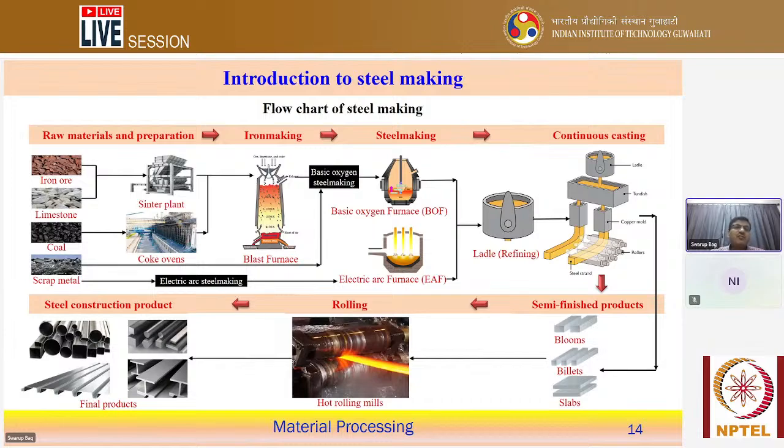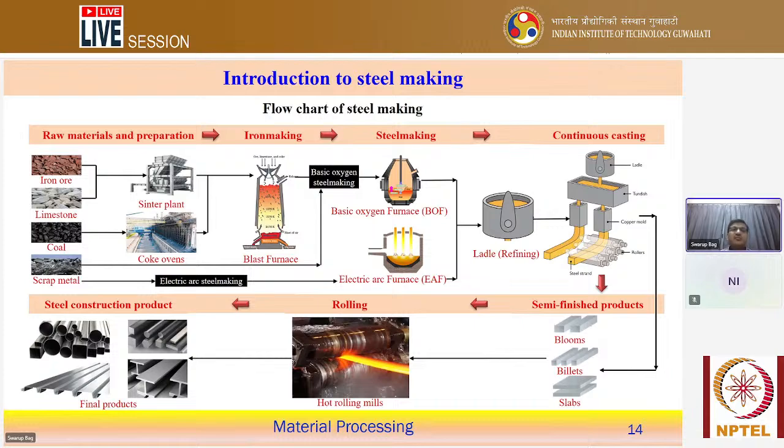In the other plant, coal is also added, and the coal is converted in the coke ovens. Then the sinter from the sinter plant and the coke from the coke ovens are added in the blast furnace, where melting is done along with the iron ore. So deoxidation is done here.